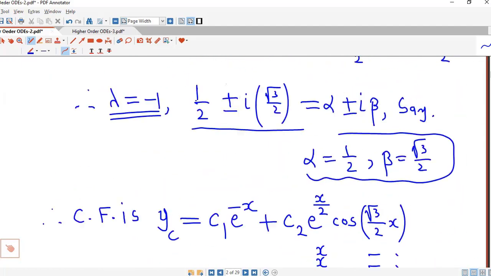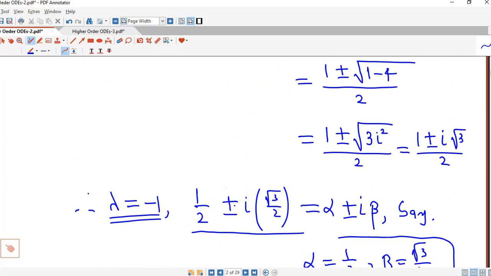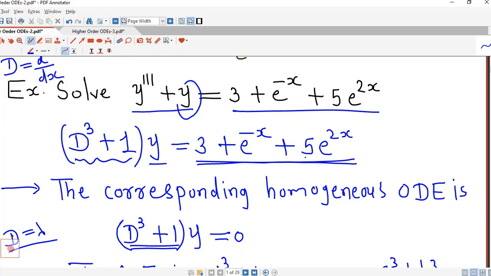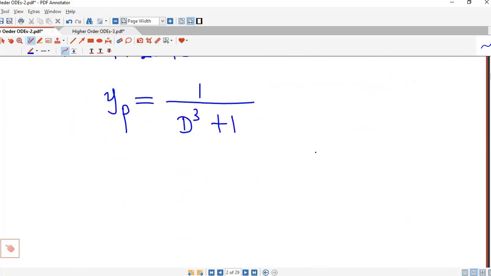So first we write d cube plus 1, and the right hand side is 3 plus e raised to minus x plus 5 times e raised to 2x.